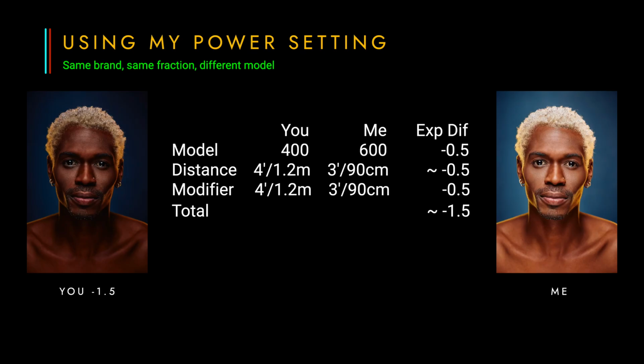Let's say that we're in a different size room or our subject has a different skin tone. We could very easily end up in a situation where your results are 1 stop off of mine, or they could be 2.5 stops off of mine. All based on the idea that you input the same power setting that I input, but all of these variables were different. What helps me is knowing how bright the light is when it hits the subject.